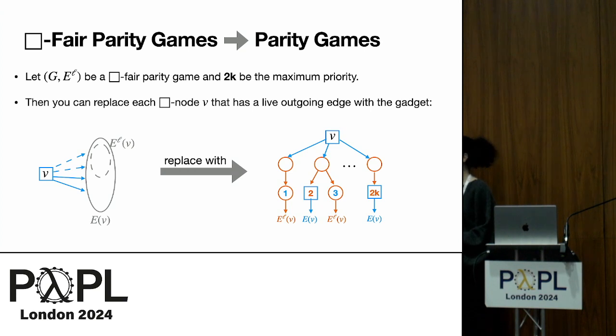Now the square player gives the right to choose to one of k circle nodes. And this circle node decides to choose between a square player and a circle player node. Remember, the square player wants odd to win, but this needs to pay an even punishment in order to be able to choose the next move, and vice versa for the circle player.